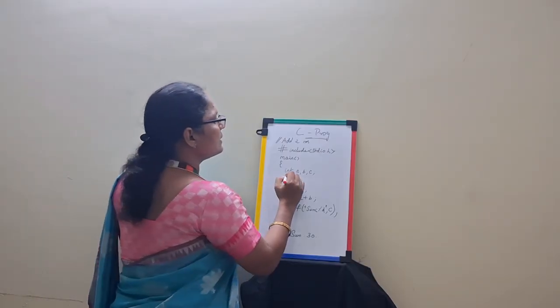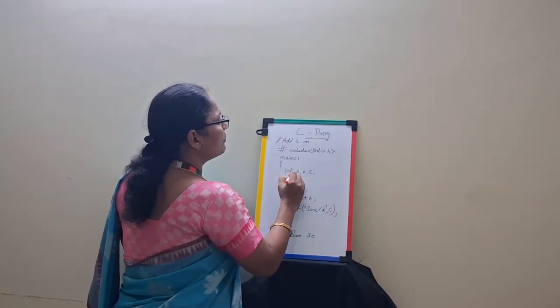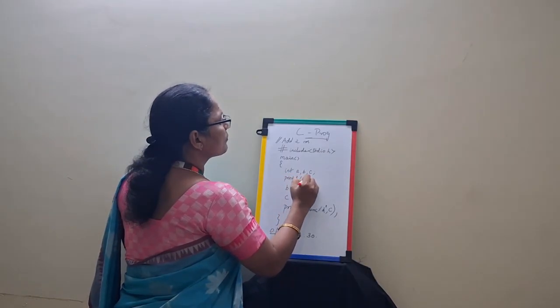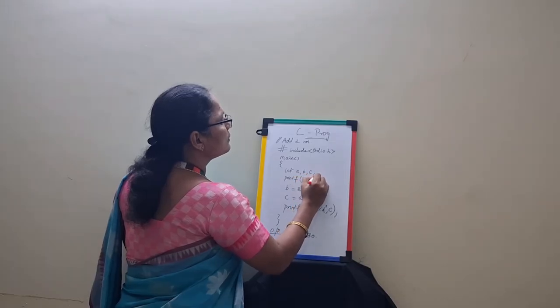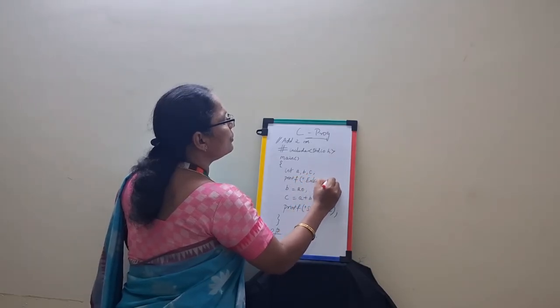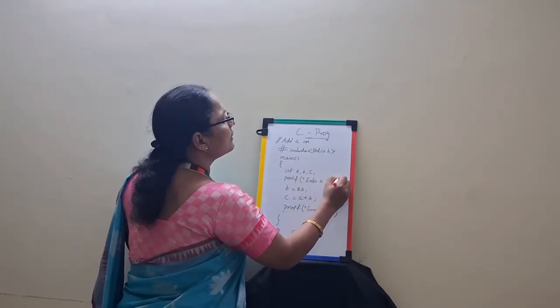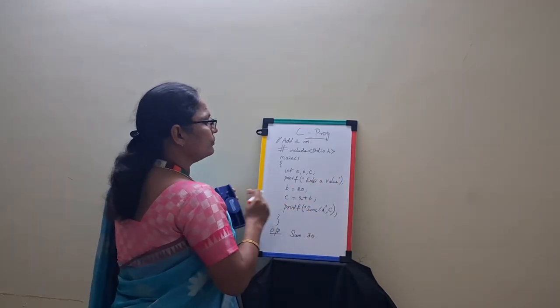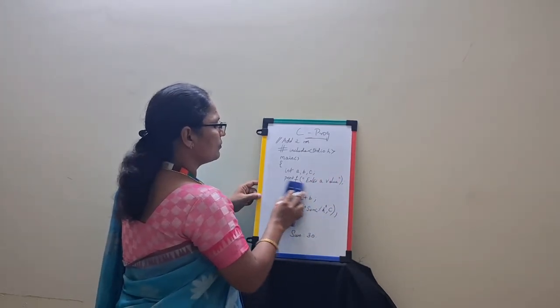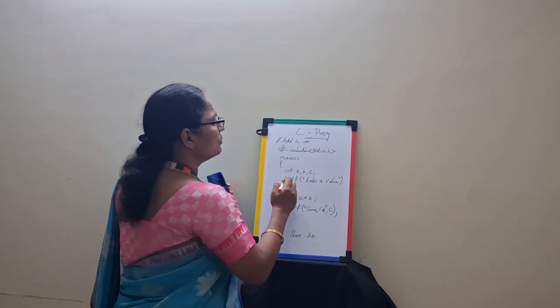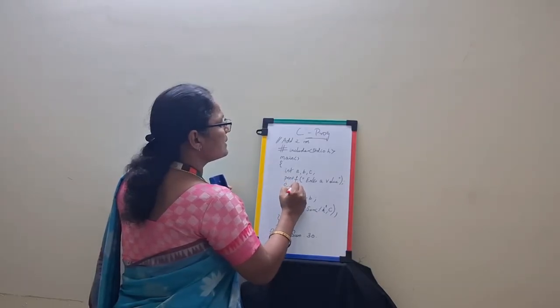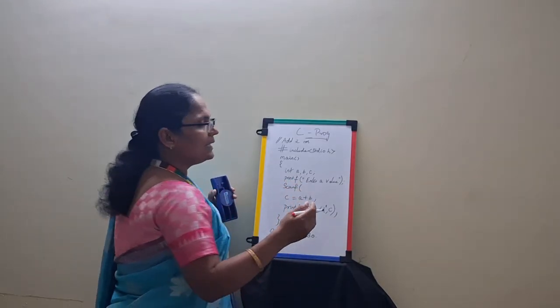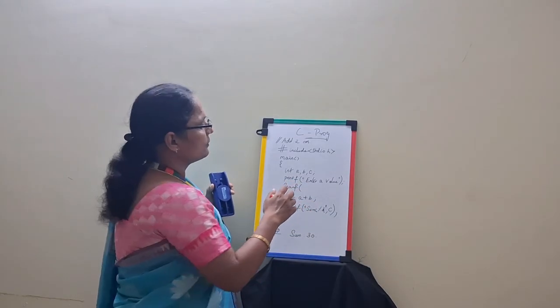So in that case, I can give here printf, enter a value. I am telling enter a value. So scanf, I said scanf is for getting the input from the user.